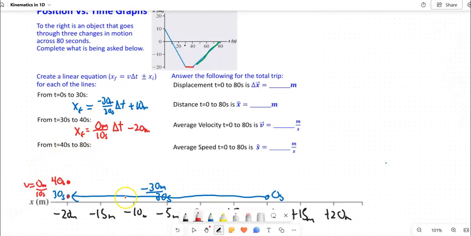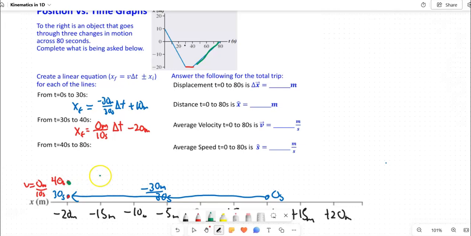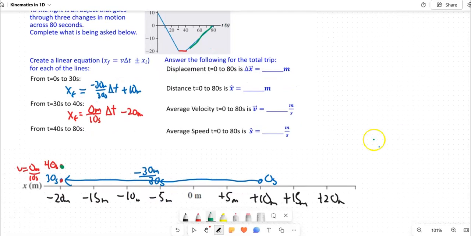Now from 40 to 80 seconds, we're going to use green. Now, you started here at 40 seconds, and at 80 seconds, you ended at the 0 meter mark. So, you went all the way over to here. So your displacement is going to be 5, 10, 15, 20. So that's going to be a positive 20 meter displacement over that period.